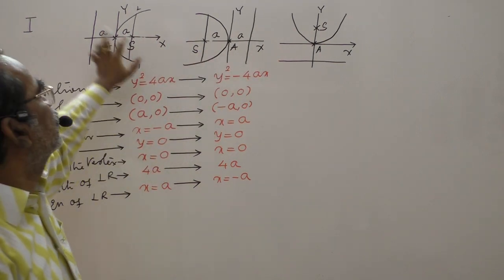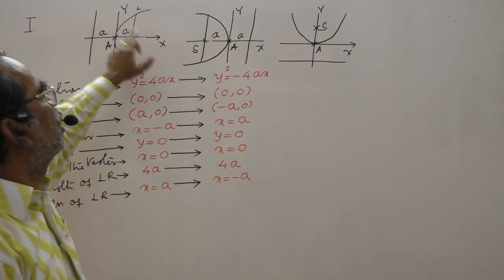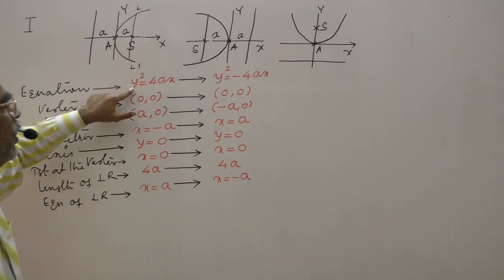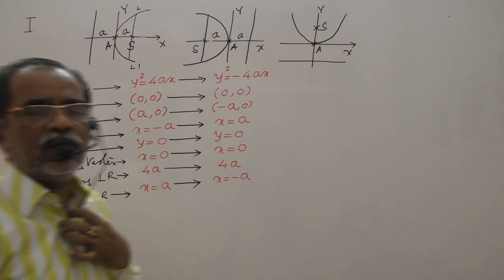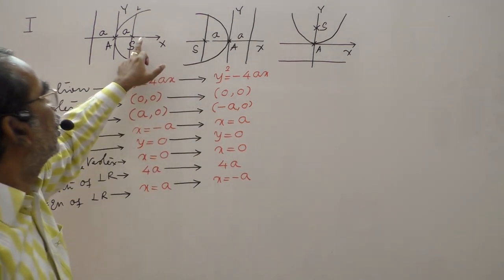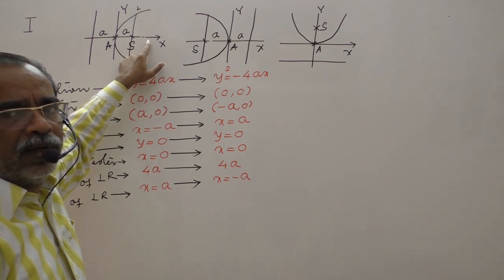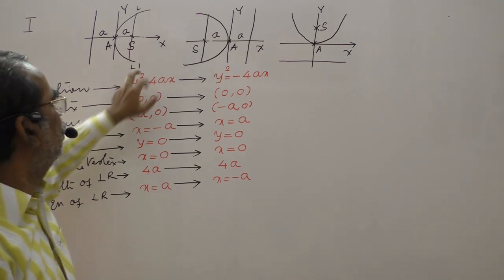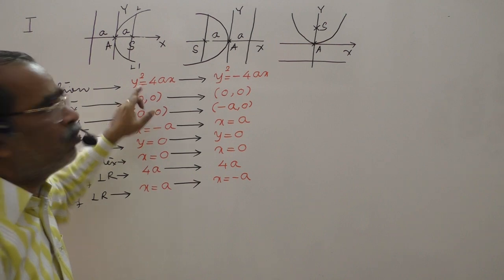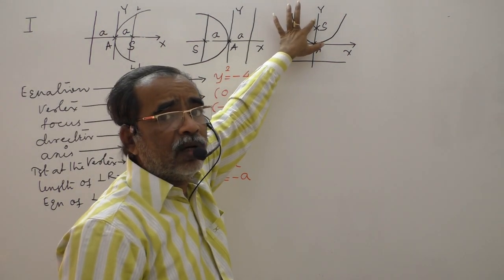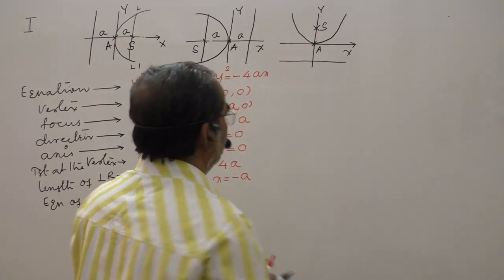You see this and this. What is the difference? For this parabola, the x-axis is the axis. Therefore, in the equation, y square is equal to something. For the first parabola, what is the axis? The x-axis. That means its equation is y equal to 0. The square is there for y. For this parabola, the y-axis is the axis, whose equation is x equal to 0.